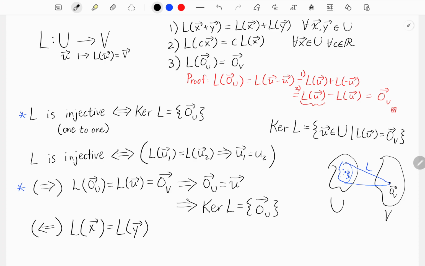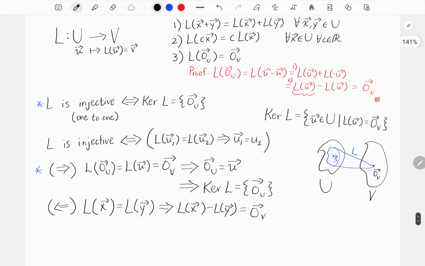If L of x is equal to L of y, this implies that L of x minus L of y is equal to 0v. I should probably note here that x and y are in u, but that's already assumed.